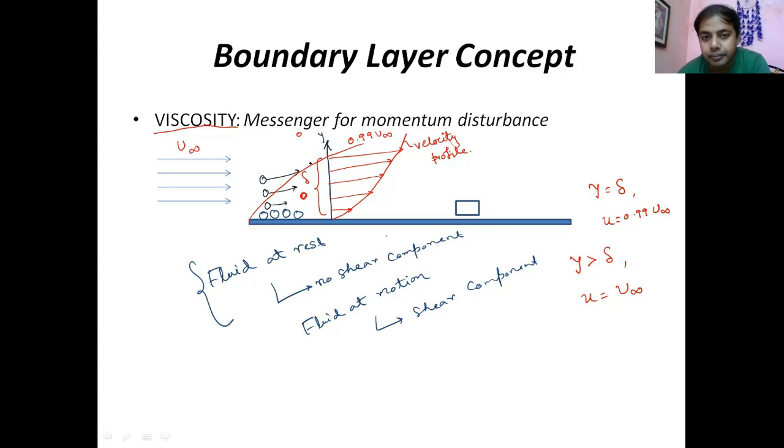If y is less than delta, the molecules can feel the presence of the plate because momentum is getting disturbed. Previously the momentum was whatever it was, and here the momentum is disturbed. If y is greater than delta, the momentum is not disturbed. So y equal to delta creates a boundary, and this is nothing but the boundary layer.